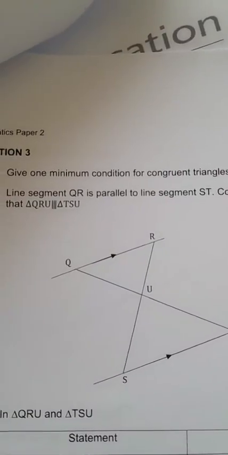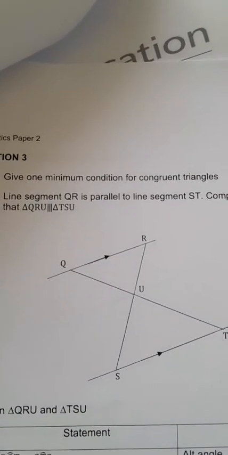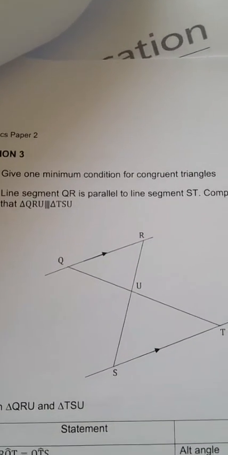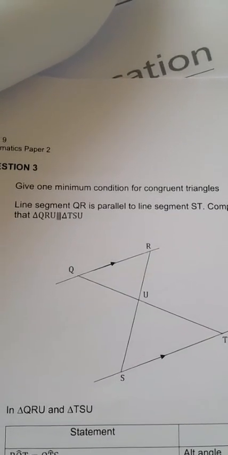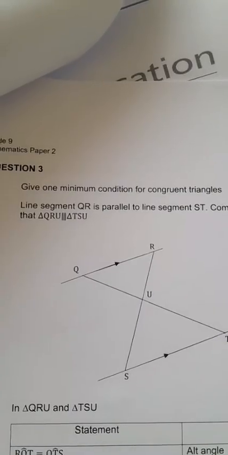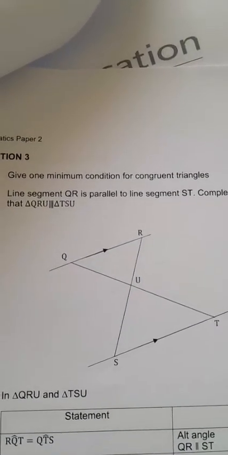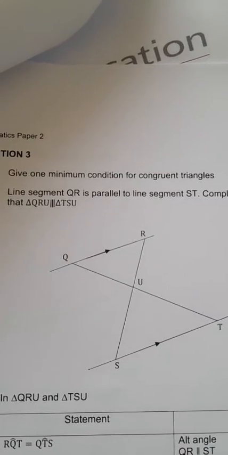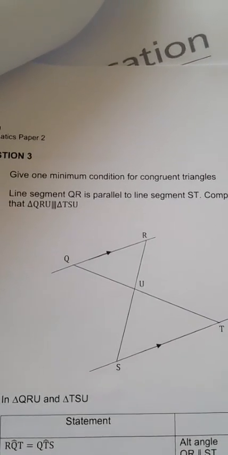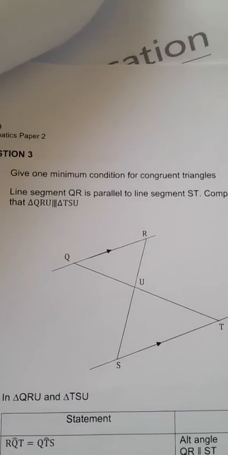What are congruent triangles? Guys, the word congruency simply means, when you're talking about two-dimensional shapes, if there's 2 triangles and you say they are congruent, you basically mean that they are the same. How? They are the same in every way possible.